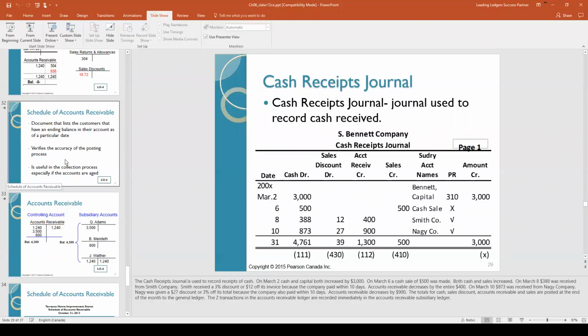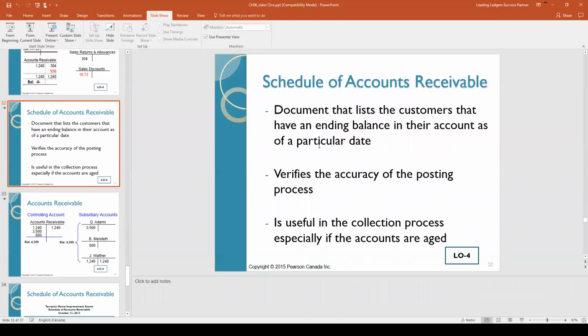The only other thing that's introduced in Chapter 6 and something similar in Chapter 7 is the schedule of accounts receivable. And this is another way to double check things. So when you have your main accounts receivable account, but you also have all your different customer accounts that you're posting the entries to individually, so you know how much each customer owes you.